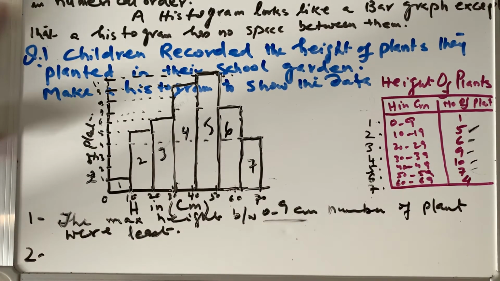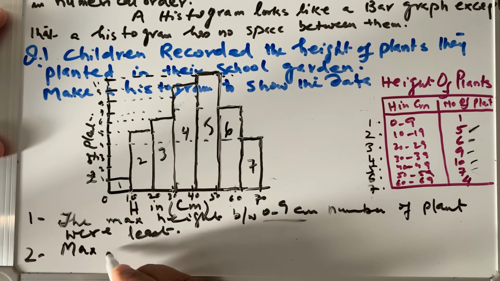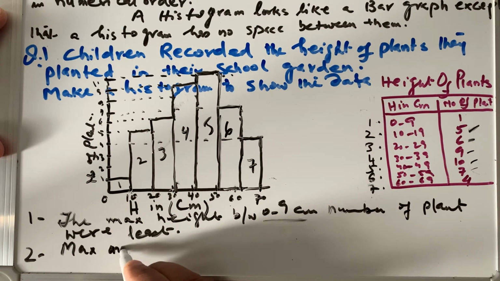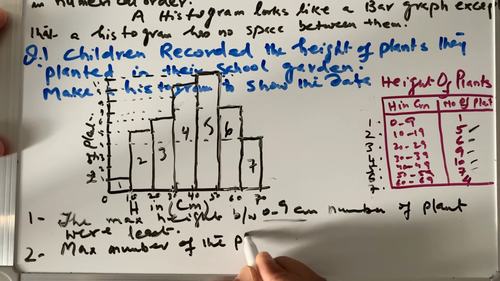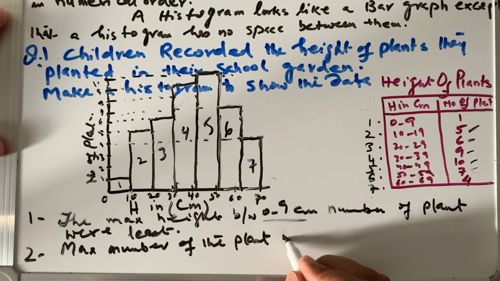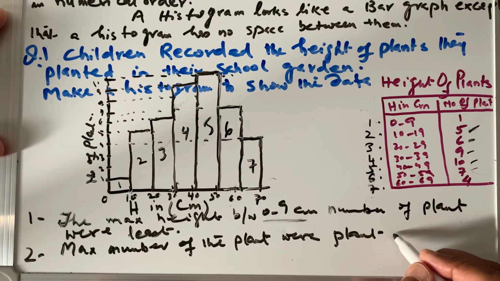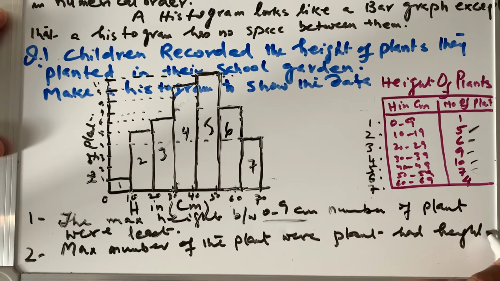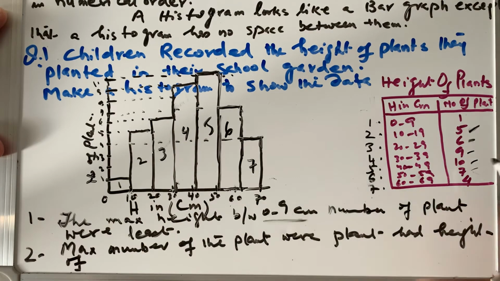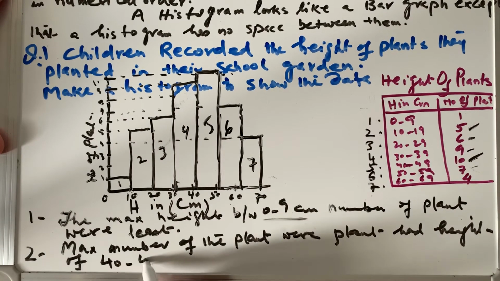Second inference that you can make: the maximum number of plants planted had a height of 40 to 49 centimeters. So the maximum number of plants is 10, and they have a height of 40 to 49 centimeters.